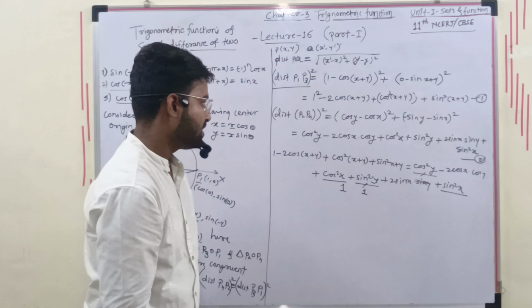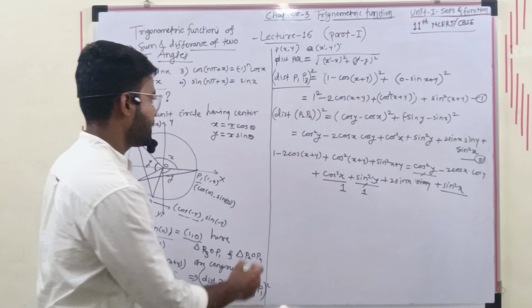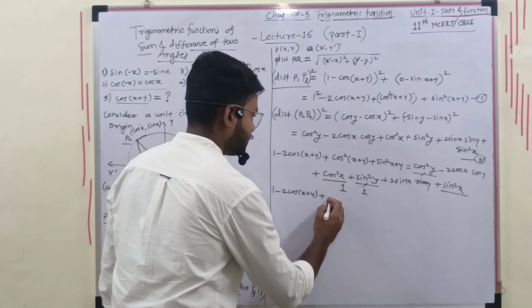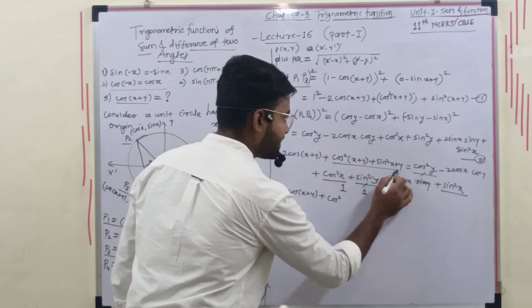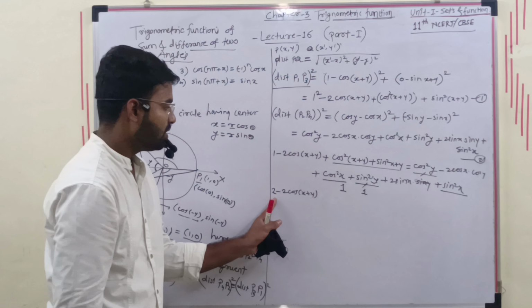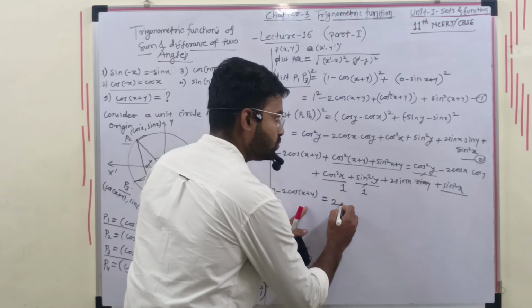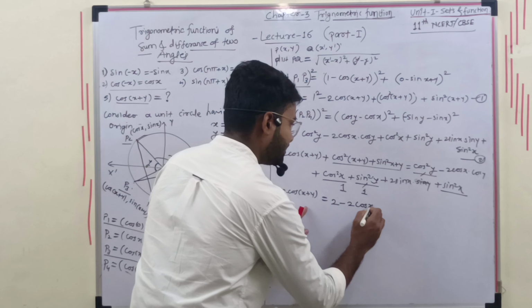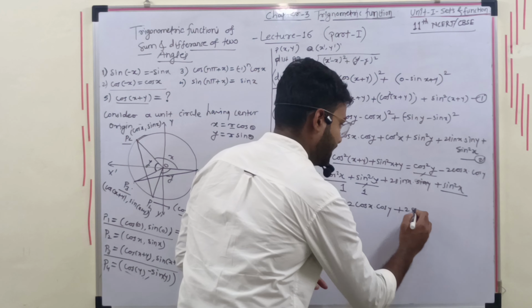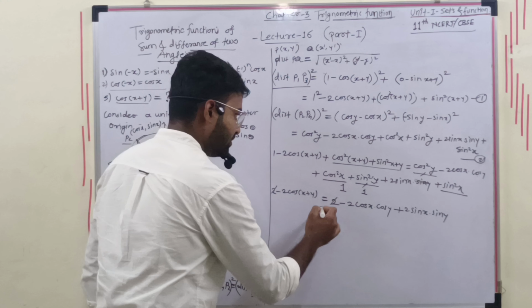So 1 plus 1 becomes 2. On the left, cos square plus sin square of x plus y becomes 1 again, so we get 2 minus 2 cos of x plus y, which is equal to 2 minus 2 cos x cos y plus 2 sin x sin y. Okay, so the 2 gets cancelled.